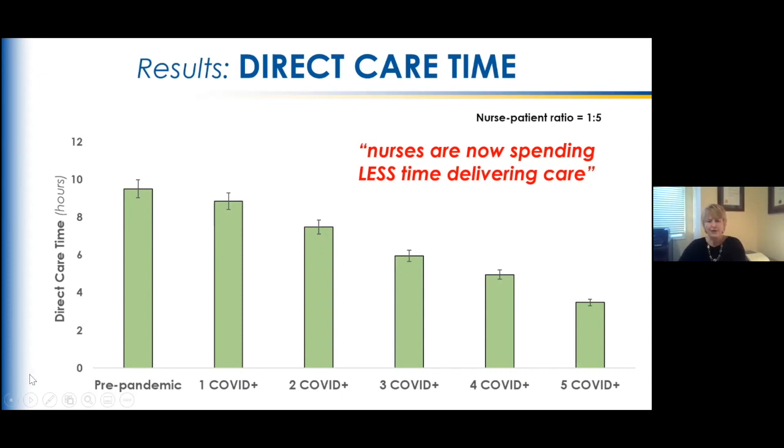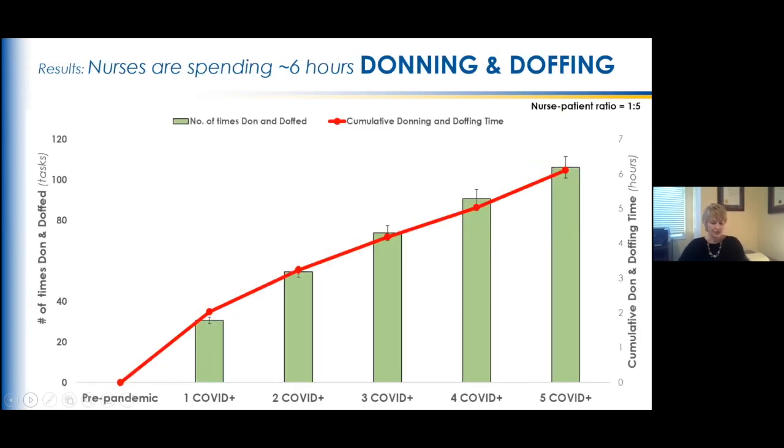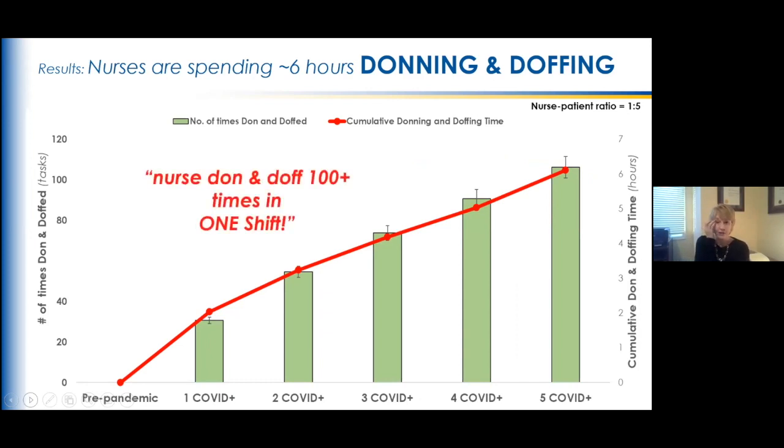It may seem counterintuitive because you would think with COVID patients that there's more care needs that nurses need to perform. However, what we found was that, in the next slide, you'll see that nurses were actually spending so much time donning and doffing during their 12-hour shifts that this took away from the amount of time they're actually spending providing direct care.